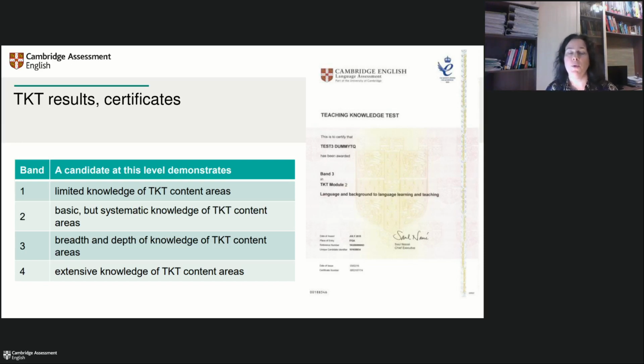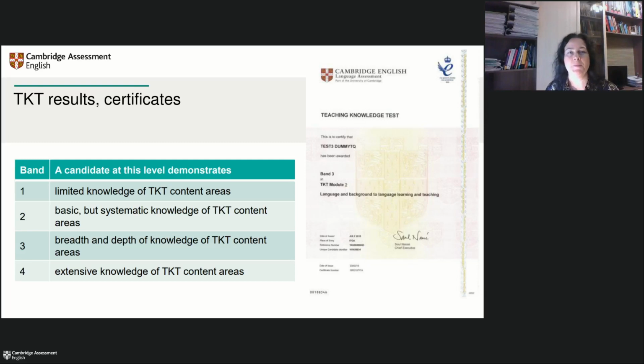You do know what language is like, there is some knowledge there, but it's just limited or basic, and the more you know, the higher the band is going to be. So it's very safe to take. Now you can see the links to the videos. It's really easy to take the test, it's not scary at all.